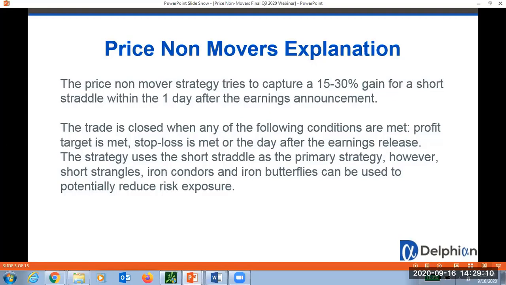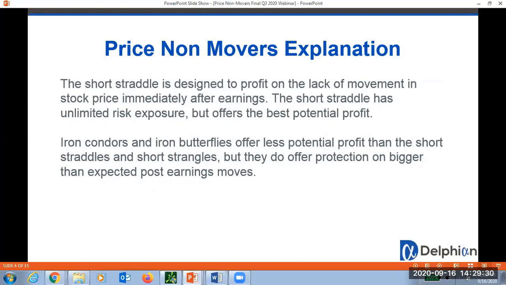The iron condors and iron butterflies are great strategies to look at, because they take advantage of the short straddle and short strangle theory, but you're also using options that are further out of the money on the call side and the put side to help reduce your risk and keep it almost a risk-defined type trade. The short straddle, again, is designed to profit on the lack of movement in the stock immediately after the earnings. Again, unlimited risk exposure, which we talked about before. We talked about the iron condors and the iron butterflies as well.